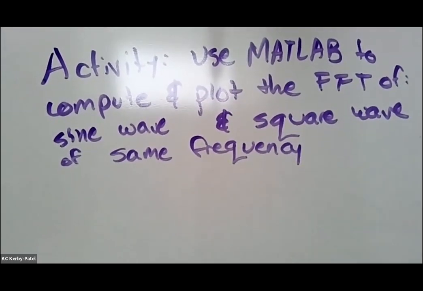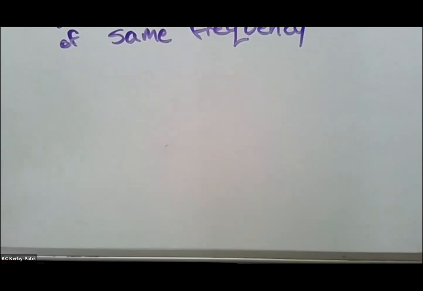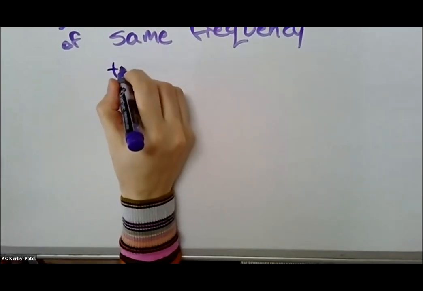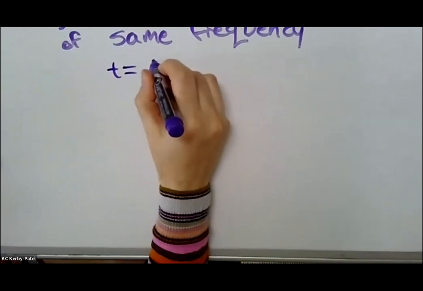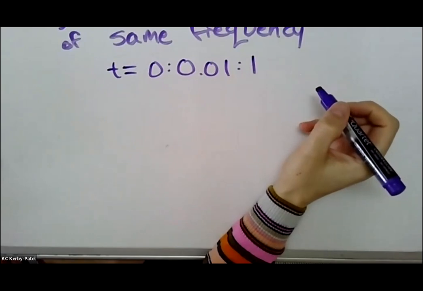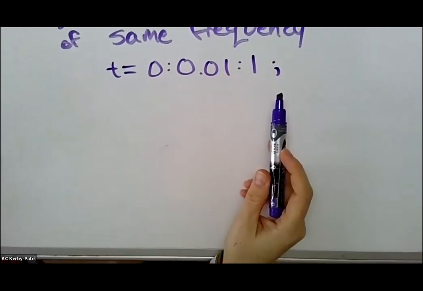I'm going to write down basically the Matlab commands that I would use to do this. So first thing I'm going to do is define a time variable. I like to put semicolons after all of my lines so that we suppress the output.